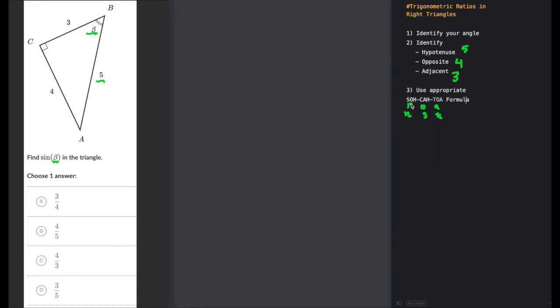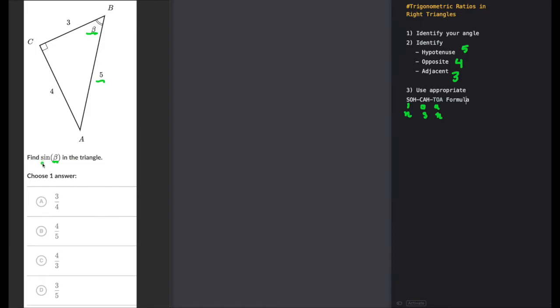The O here stands for opposite, H stands for hypotenuse, the A here stands for adjacent, H stands for hypotenuse, the O here stands for opposite, and A stands for adjacent. And so basically all these formulas say this thing equals this divided by this. Cosine equals adjacent divided by hypotenuse. Tangent equals opposite over adjacent.